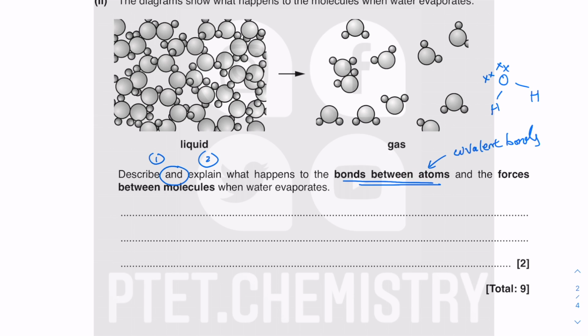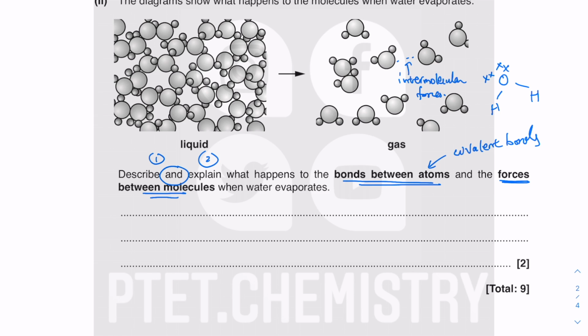So this is the bond between the atoms, the covalent bond, and then the forces between the molecules, the intermolecular forces. When you did the matter topic, with the heating curve and cooling curve, we talked about interparticle forces of attraction. In reality, between molecules, we call these intermolecular forces of attraction. So I need to talk about both of them.